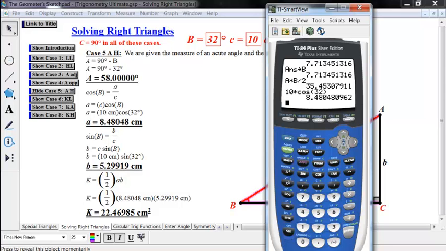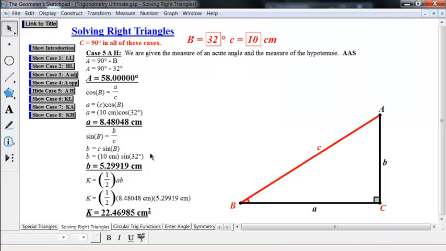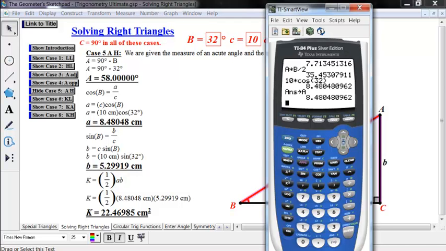And that's centimeters, and that's A. So let's store that as A. To find side B, sine of angle B is opposite over hypotenuse, that's B over C. And so solving for B, we see B is C times sine of B. So that is 10 centimeters times the sine of 32 degrees, and that is 5.2999 something centimeters. So let's store that as B, so that's side B.